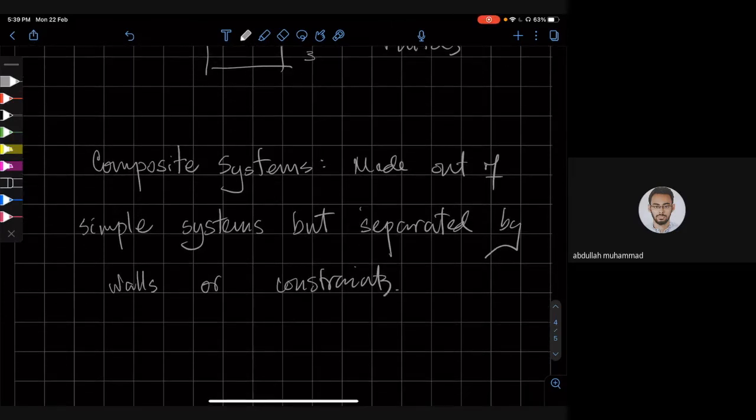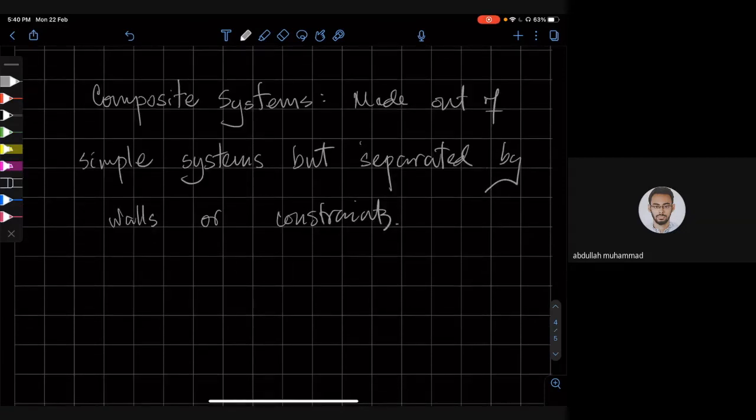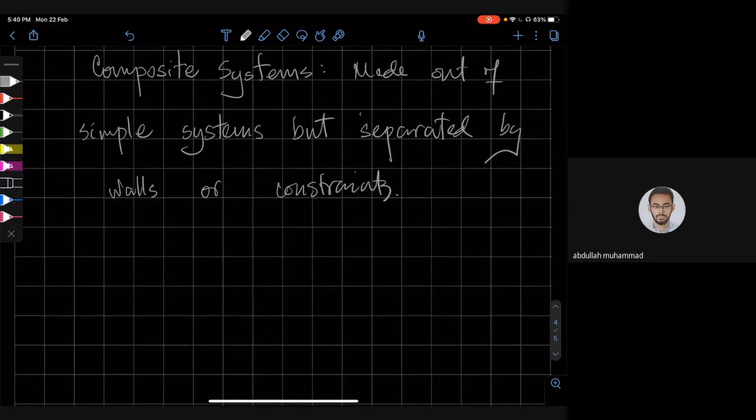So for composite systems, there are different kinds of walls. For example, there are what are known as adiabatic walls. So what are adiabatic walls?